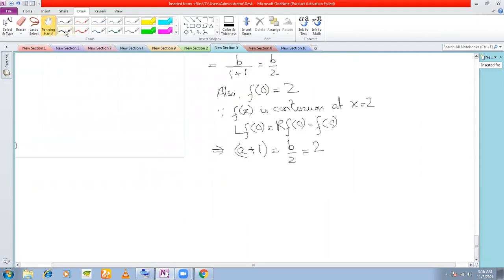Okay, so now we are in a position to find out the value of a and b. You take a plus 1 is equal to 2, and you take b by 2 is equal to 2. That means a is equal to 1 and b is equal to 4. And that is the required values of a and b.